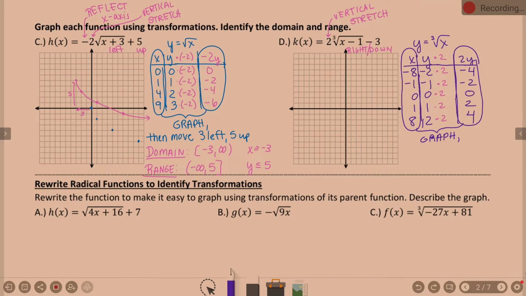So we're going to graph. And then we're going to move one right, 3 down. Okay. So let's see. Instead of -8, -2, I'm at -8, -4.